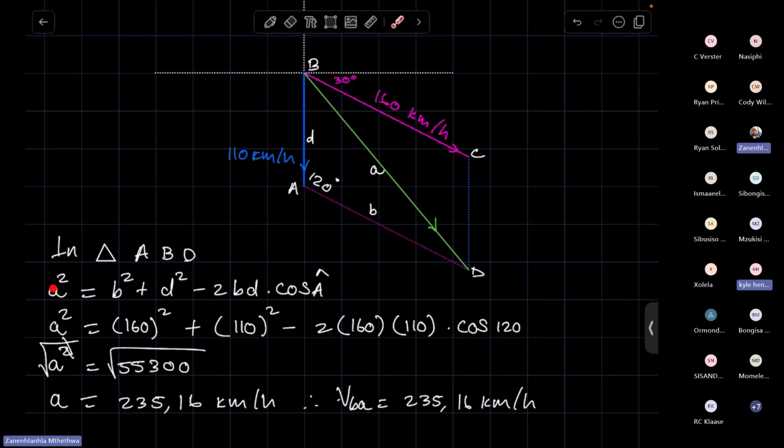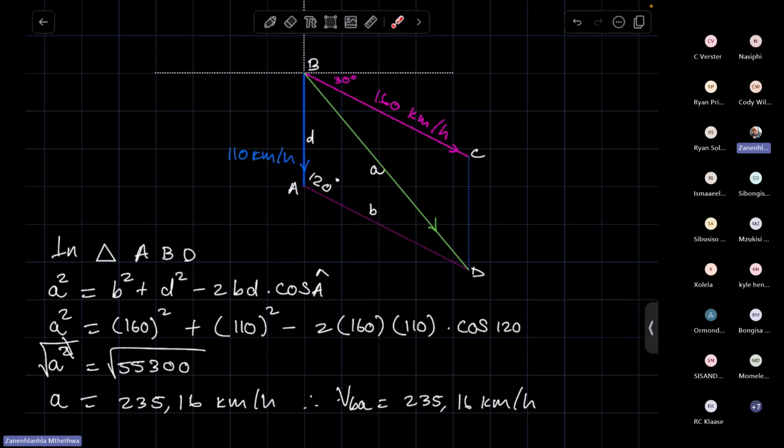Now, as far as how you write out your cosine rule, you base it on which side you are looking for. You are looking for side a, so you make a your subject. Making a your subject, your cosine rule will be a squared is equal to b squared plus d squared minus 2bd cos the angle of what?